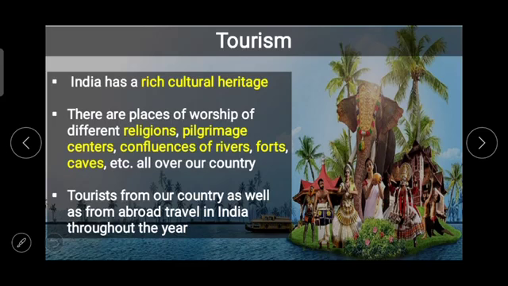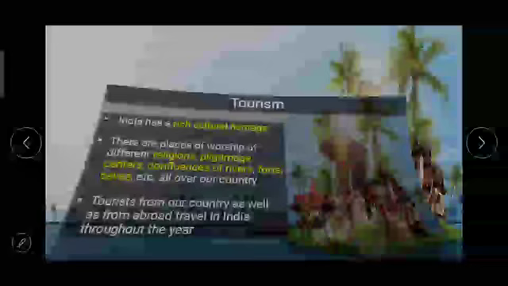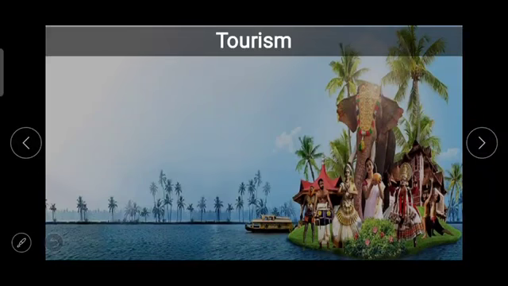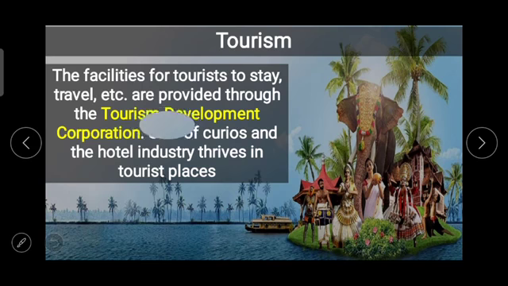Tourists from our country as well as from abroad travel in India throughout the year, and facilities for tourists to stay, travel, etc. are provided through the Tourism Development Corporation. Sale of curios and the hotel industry thrive in tourist places.